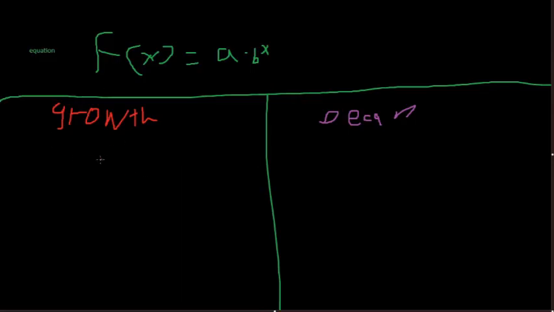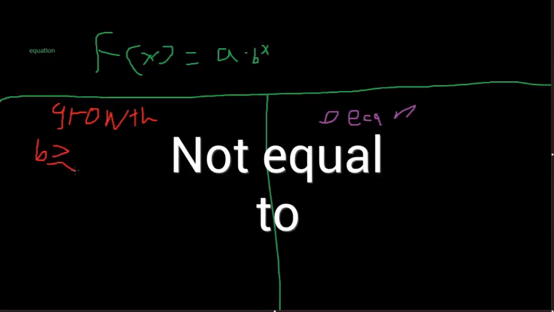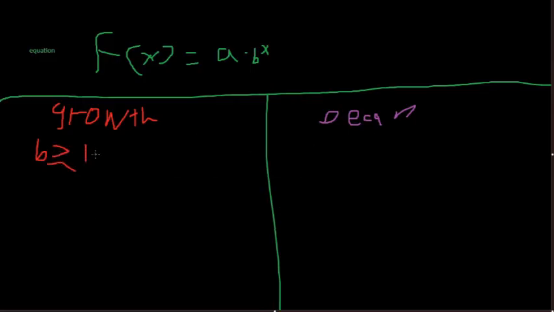Let's start off with growth. In growth, b is greater than or equal to 1, and it goes faster and faster. For example, let's do 2 to the power of x, with an x and y table. When x equals 0, anything to the power of 0 equals 1, so y would be 1.